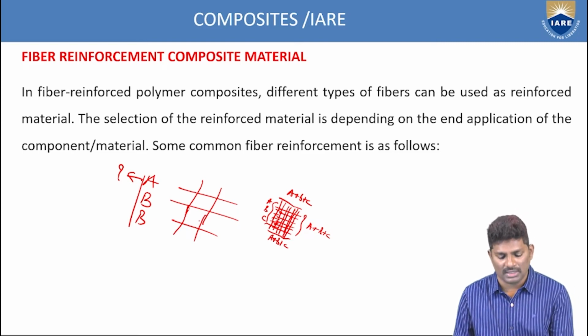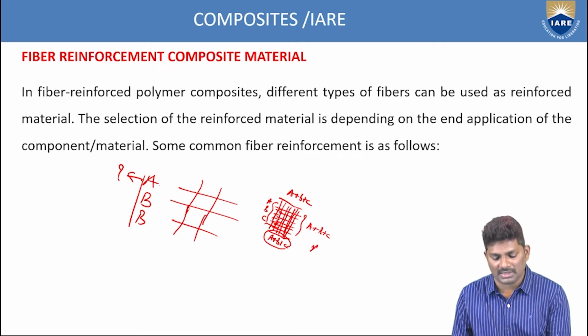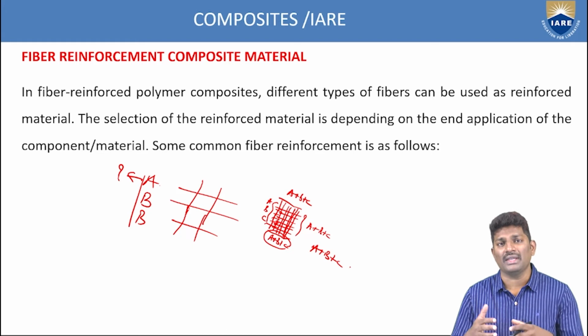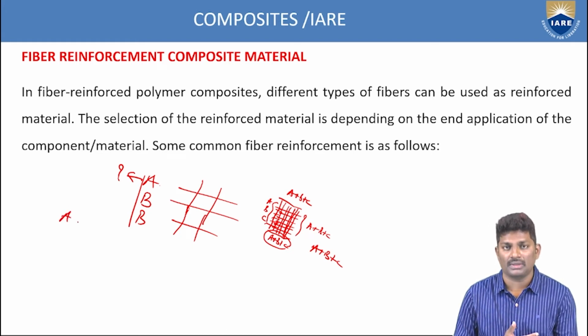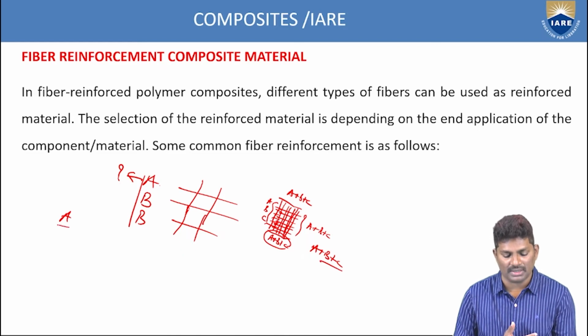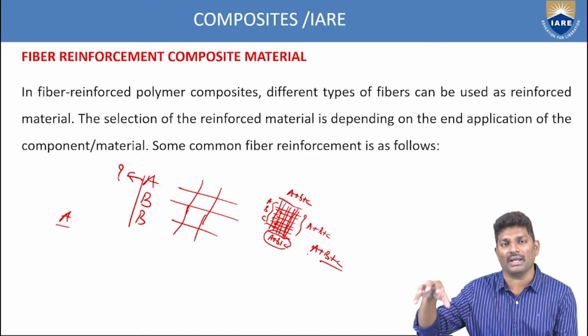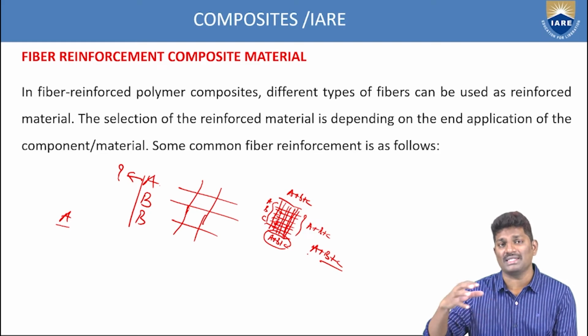So the A plus B plus C has some uniqueness. This uniqueness has different properties when you compare with the individual materials. This unique property can be applied in aerospace engineering or any type of energy sector.